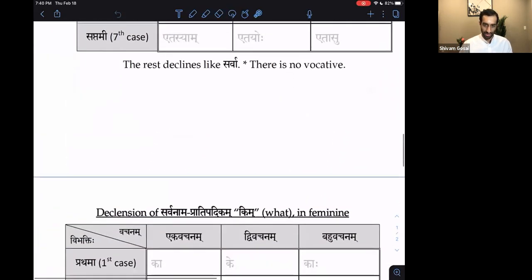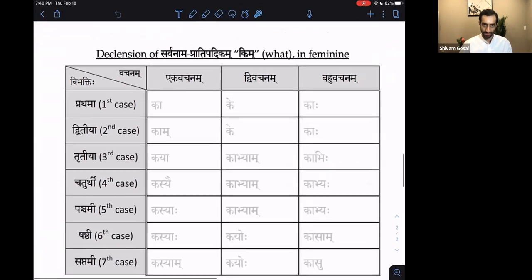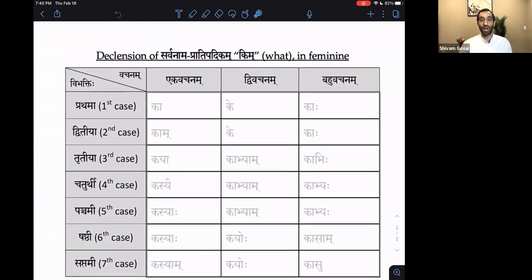Kim is also very similar to this. Kim means what, right? It's this interrogative, this question word, which gets different flavors or different meanings depending on what case it's in and what it's qualifying.